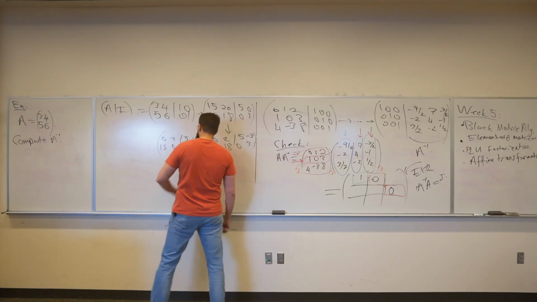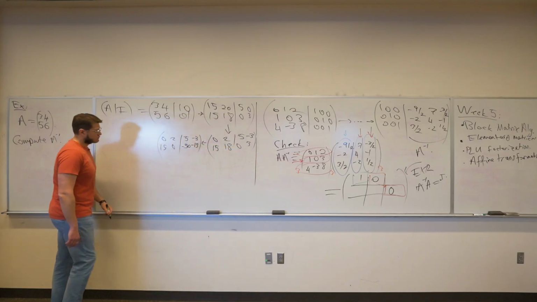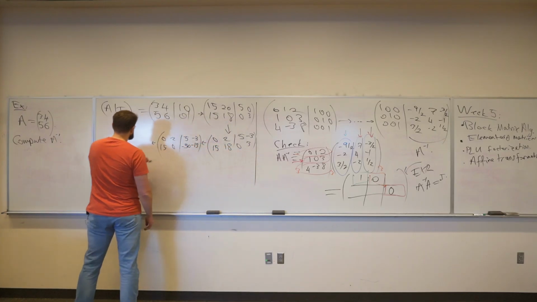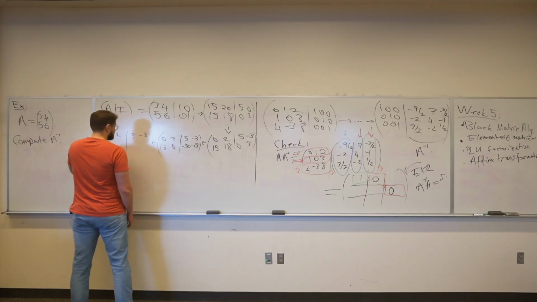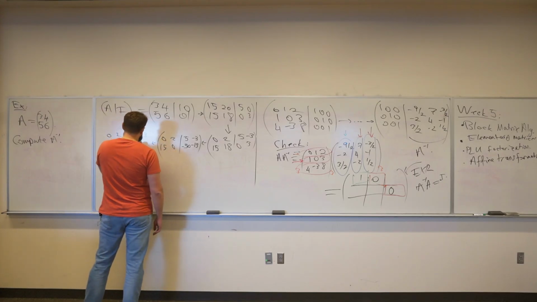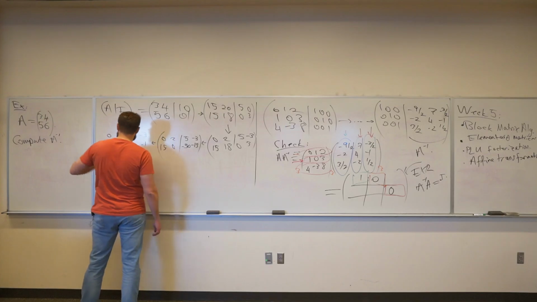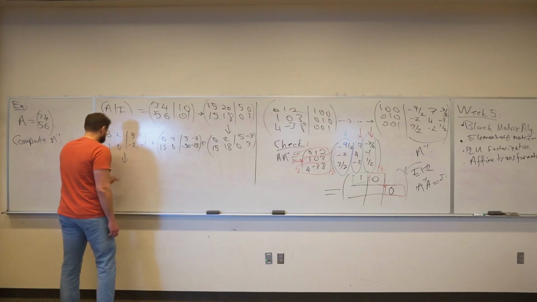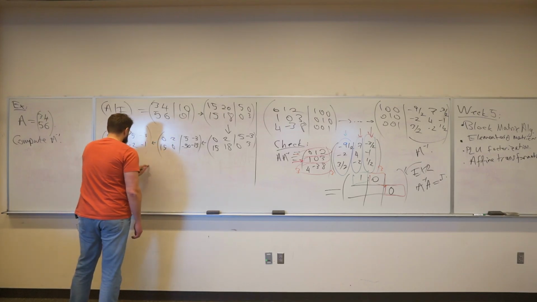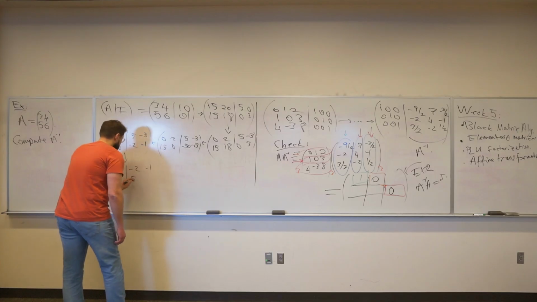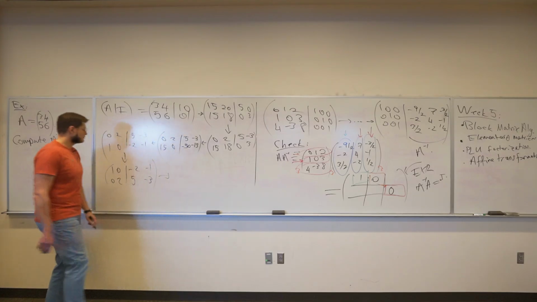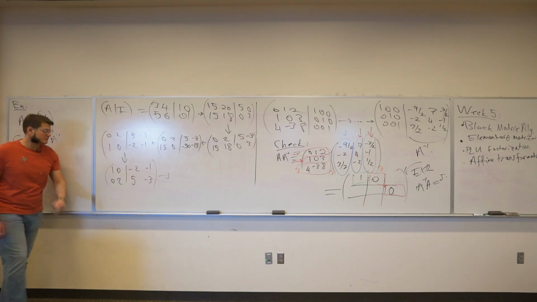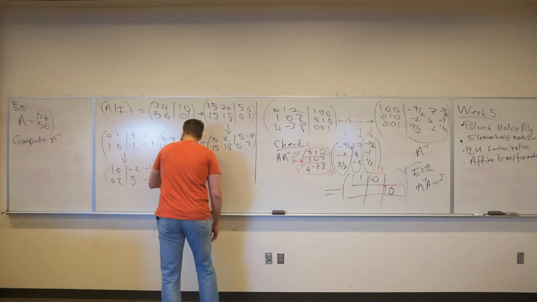Like this. Then I can divide the second row by 15. Minus 1. Interchange. And then I can divide by 2. At this stage, I do need to do something about this.